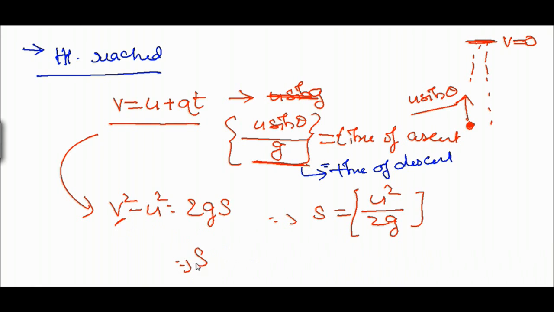That implies s, that is maximum height, is equal to u² sin² theta by 2g, because in the entire expression we are dealing with the component uy squared, that is u² sin² theta by 2g. This is the maximum height reached by the particle.